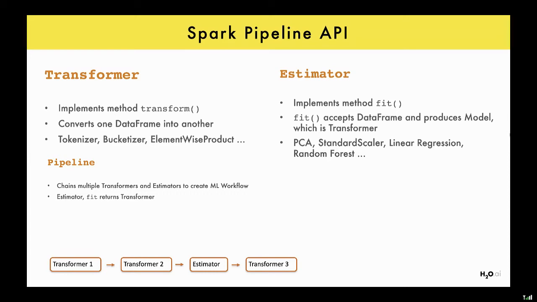So when you run fit for the first time, you will get a transformer, and that transformer is just representing scoring on the model. Again, scoring is just changing the state of the dataset from state A to B. So that's the estimator, and we can use estimators for all the algorithms in H2O and all the algorithms in Spark as well.